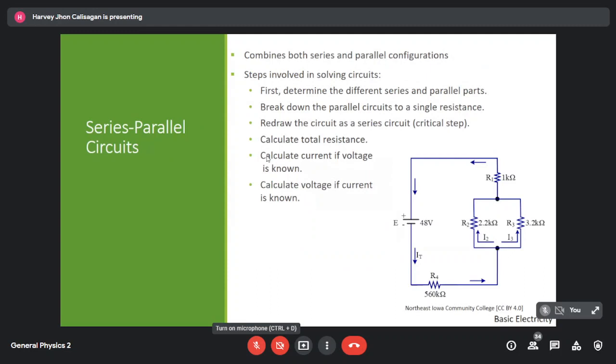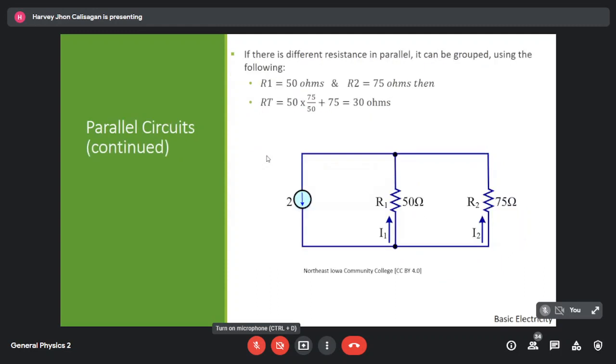Okay, let's try to skip this concept for a moment. I will open the camera in our next discussion so that we can understand this. Actually, if we get different resistances in the parallel, we have to look for the LCD, the last common denominator, of this one.